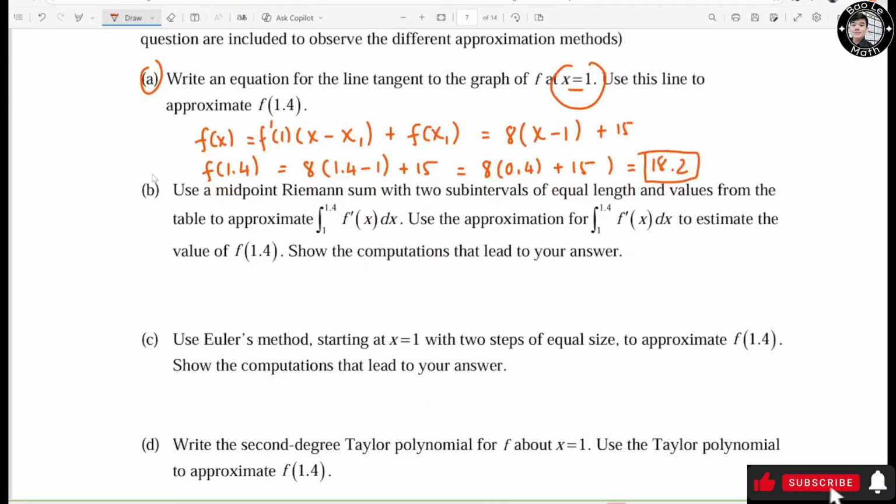Now question B. Use a midpoint Riemann sum with two subintervals of equal length and values from the table to approximate the integral right here. Use the approximation for this to estimate the value of f of 1.4. So the integral from 1 to 1.4 of f prime of x dx using the midpoint formula.